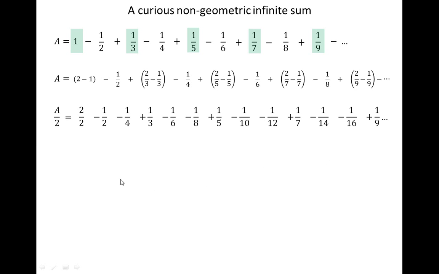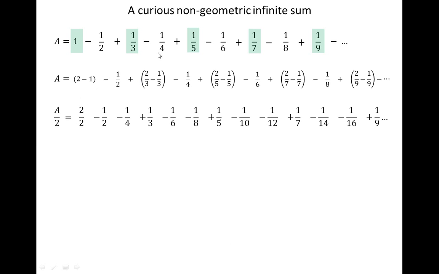Now what we've got here is, if you have a look along the original sum, every term that you see here appears again down here. So for example, the 1 at the start is still at the start. The minus a half comes next, as it does below.